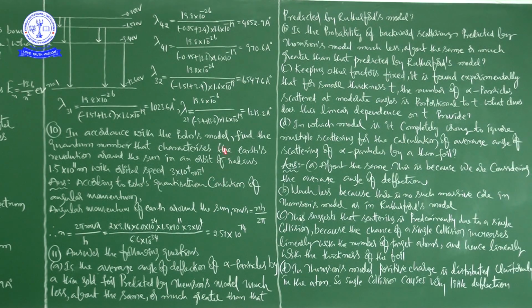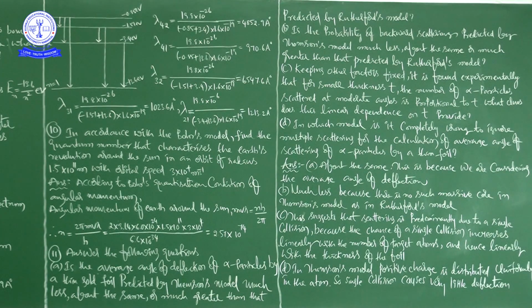To solve this problem, to find the quantum number, we need the mass of Earth also, which is a constant value: 6.0 into 10 to the power of 24 kg.